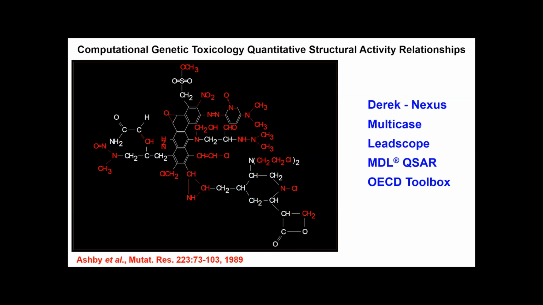But anyway, this is just to give the idea that nowadays, with these software packages on the right here, Derek, Multicase, LeadScope, they all can do what they call assessing for structural alerts. And these software packages use 2 kinds of methods. One is called expert rules, and the second is called statistical rules.